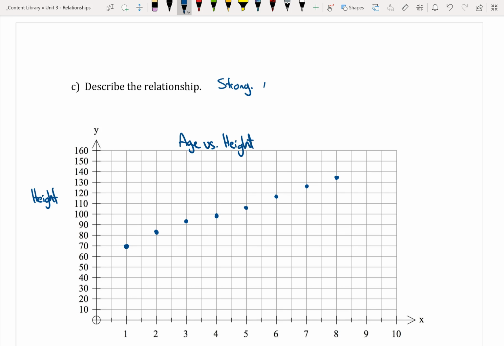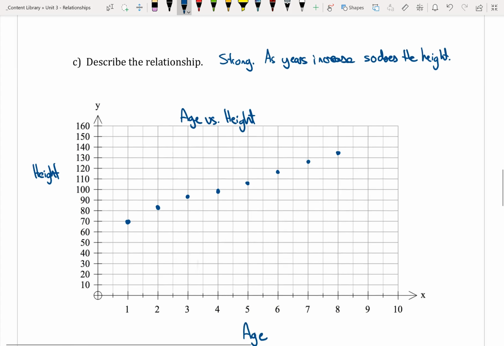And I would say as years increase, so does the height. Again, we're only talking about what we see, and we're only talking about a positive relationship. As one increases, the other increases, but we're being specific again about including what variables we have.